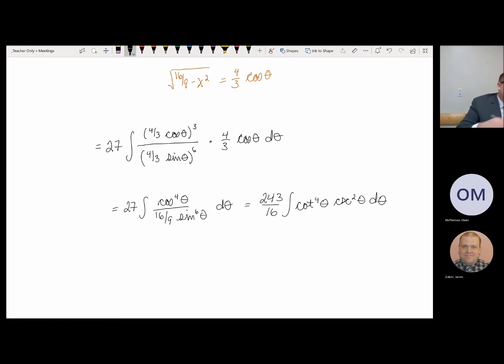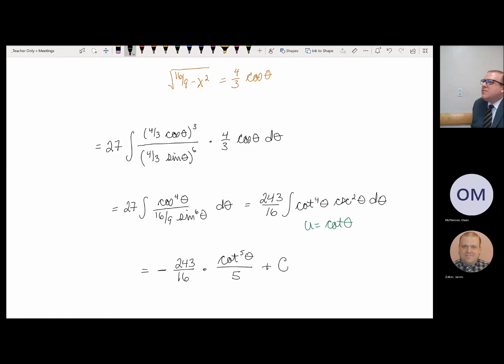Right, but the derivative is negative, so I'm going to have to multiply by a negative. Then the antiderivative of u to the fourth is u to the fifth over 5. That makes this antiderivative negative cotangent to the fifth of theta over 5.